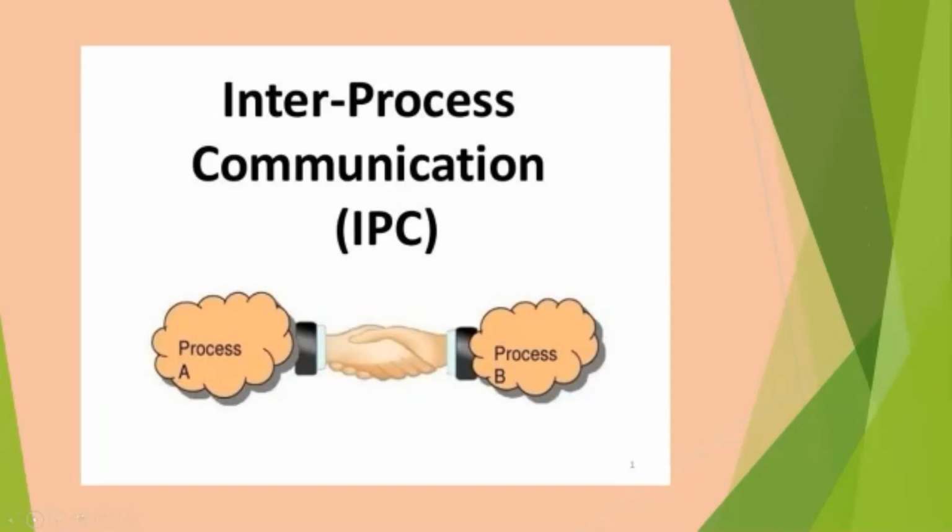For inter-process communication, a process can be of two types: independent process and cooperating process. An independent process is not affected by the execution of other processes, while cooperating processes can be affected by other executing processes.